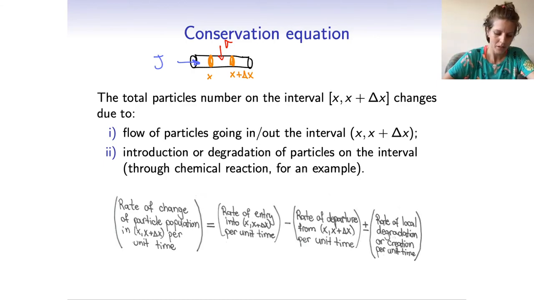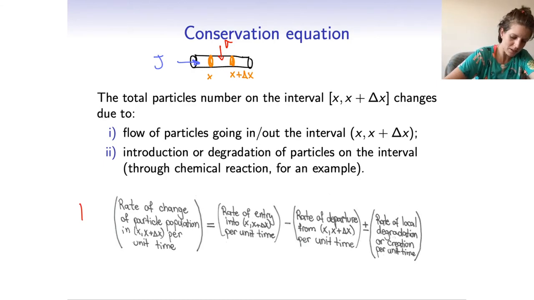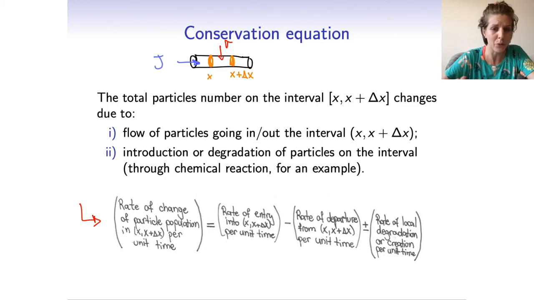So we can just say that the rate of change of the particle population in this interval per unit time will be the rate of entry into this interval per unit time minus the rate of departure.